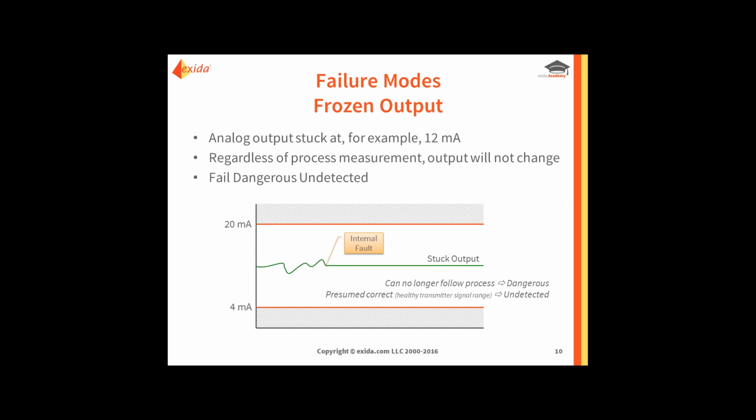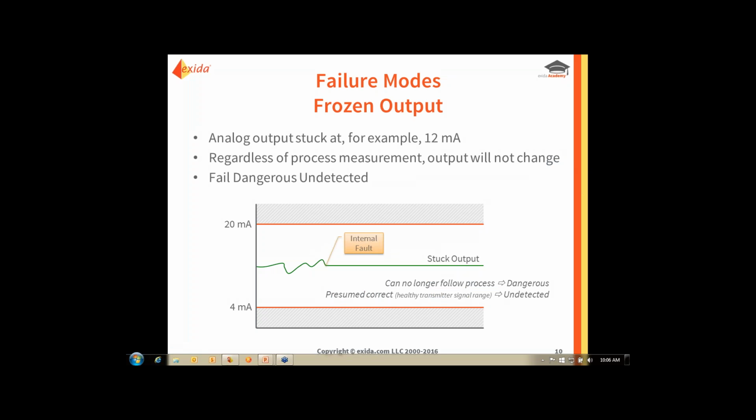Basically, the output is stuck at, for example, 20 milliamps, and regardless of the process measurement, that output will not change. That output is stuck in the normal operating range, in what we consider the healthy range of the transmitter signal. It is presumed correct, so we will not be able to detect this as an unhealthy transmitter signal.